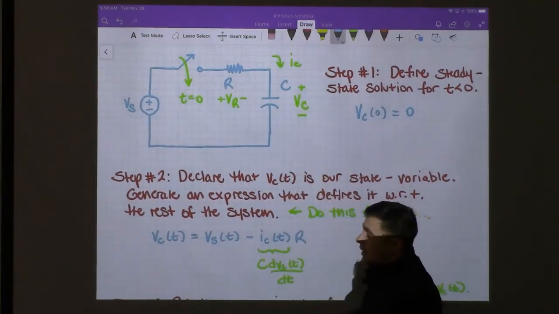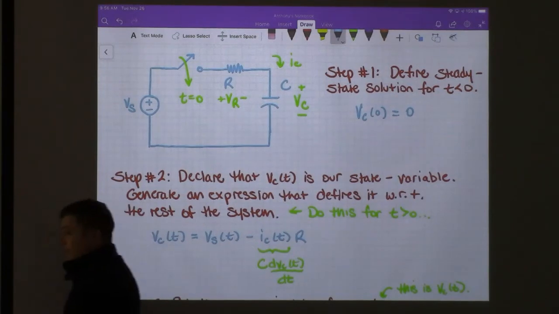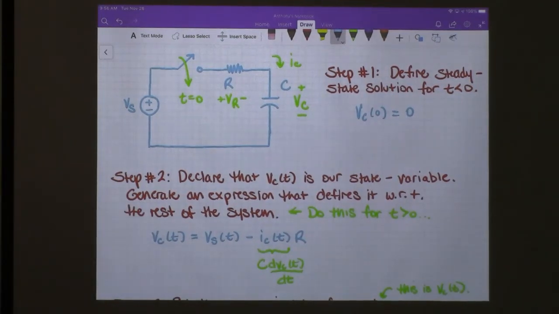Actually, it makes sense that we would have to use KVL for this because it's a single loop circuit. As we've seen in the past, applying KCL to a single loop circuit doesn't yield a very interesting result because all of the currents in the loop are going to be the same. In the same way, applying KVL to a single node pair doesn't yield a very interesting result.